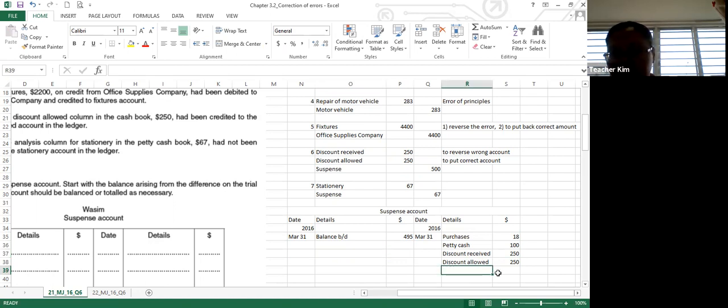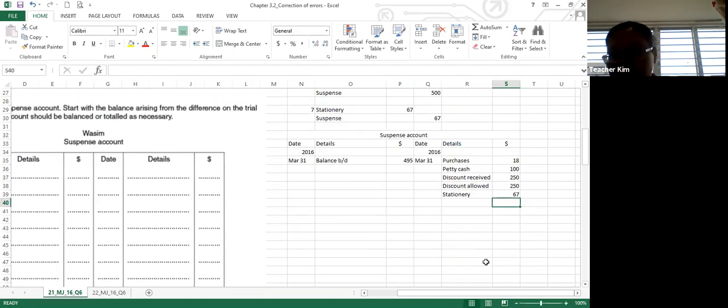Next, stationery. So now we subtotal. Let's see the subtotal first. Here is 600. Here is 4. So this one has credit more than the debit. So we will still have a balance carried down.